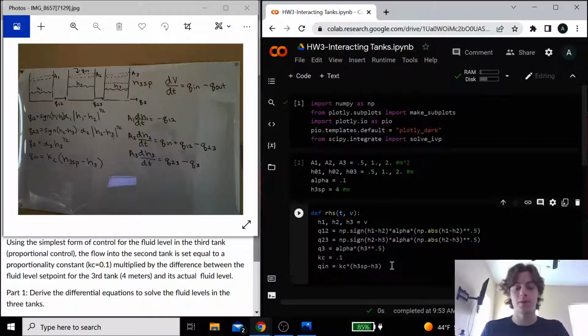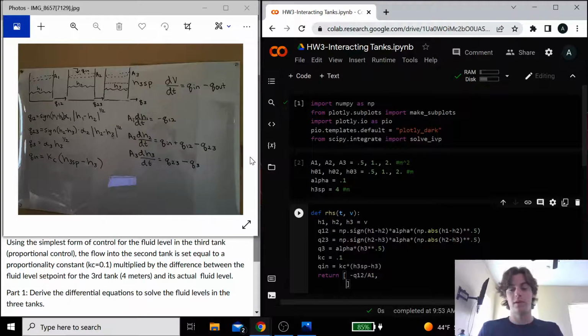So now we can return the equations for the change of heights. How I'm going to do that is use these 3 differential equations and divide by the cross-sectional area, so that we just have the rate of change of height on the left side. So we will have the negative flow rate between tank 1 and tank 2 over the cross-sectional area of tank 1.